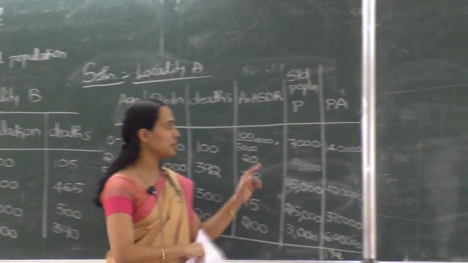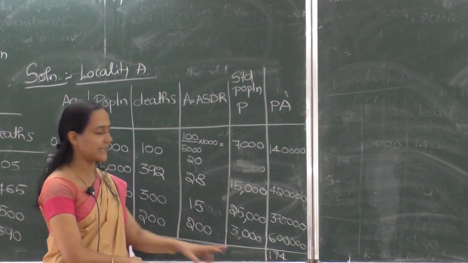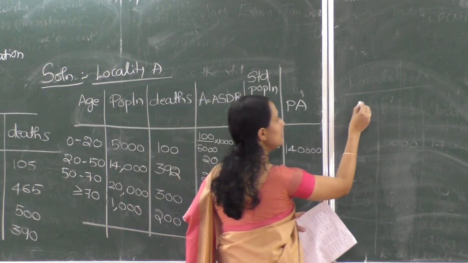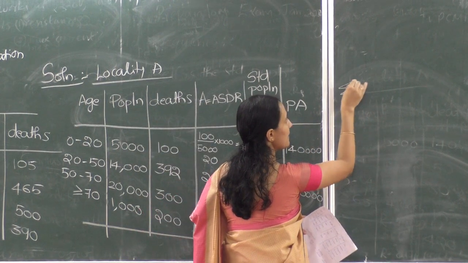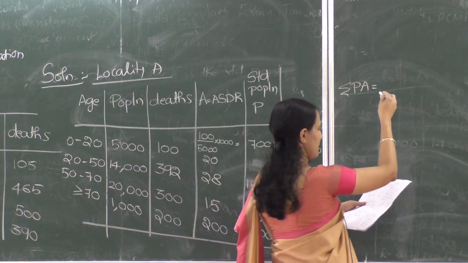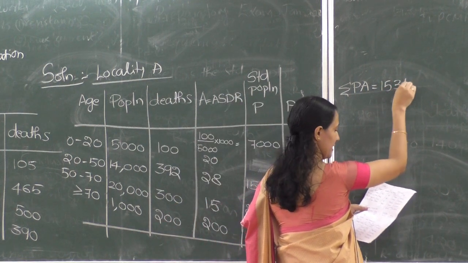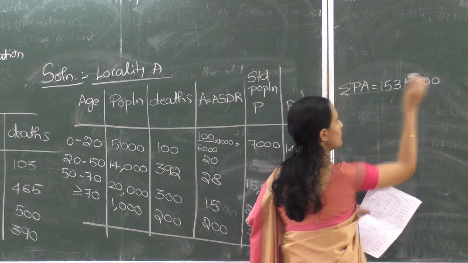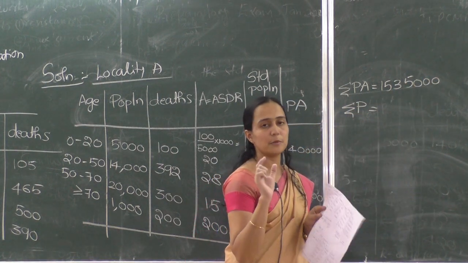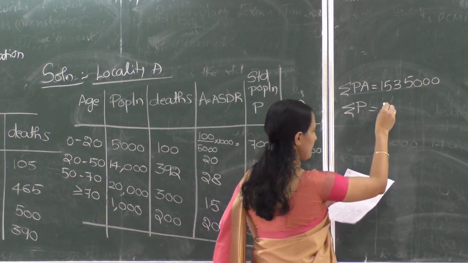We have to compute P into A's total. P into A total is sigma PA, total is 1535000. Sigma P also we have to compute. Sigma P means the standard population's total. That is 50,000.